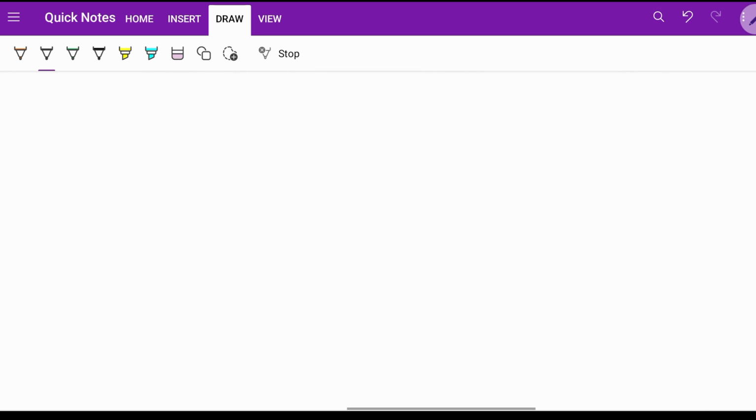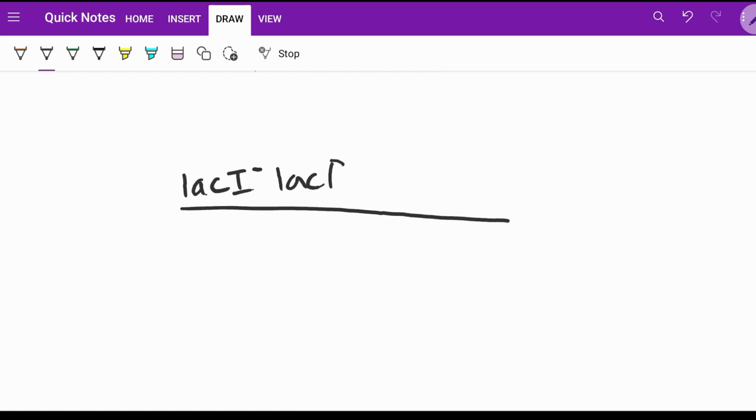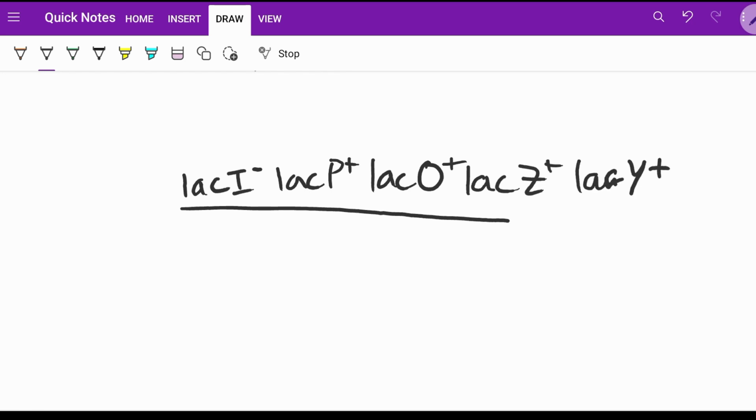Now we can get to in-trans regulation. So that's, let's say, a bacteria has one operon that comes with part of its genome. This is lac I minus, lac P plus, lac O plus, lac C plus, lac Y plus. So this is the one that comes with the genome.